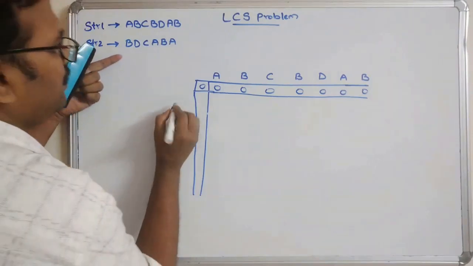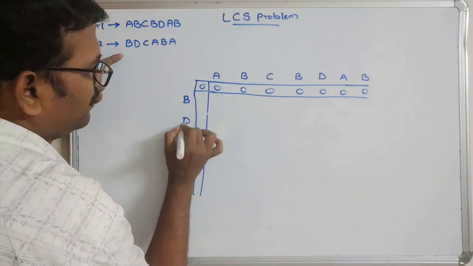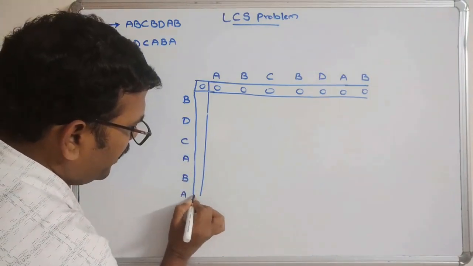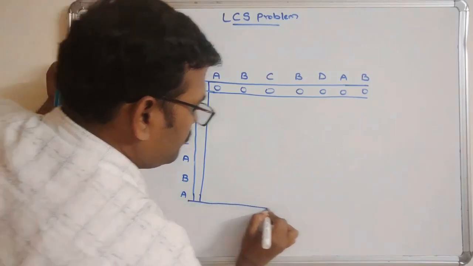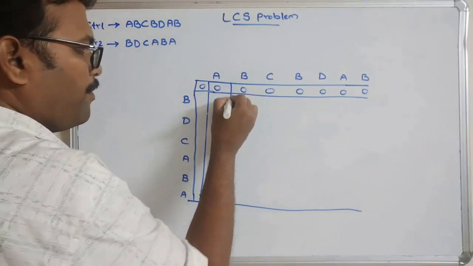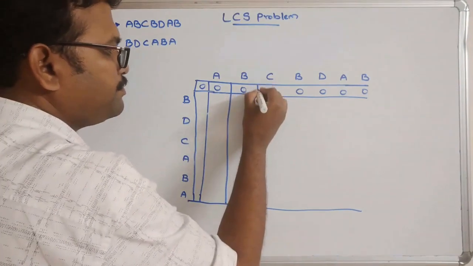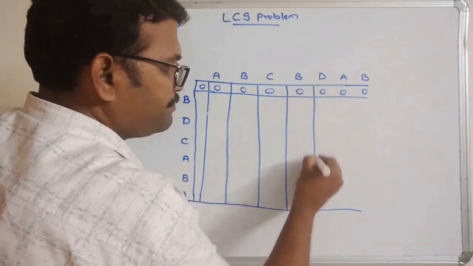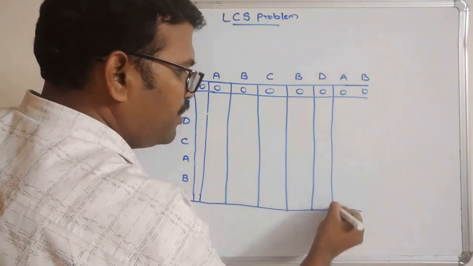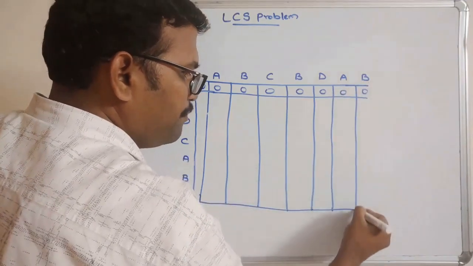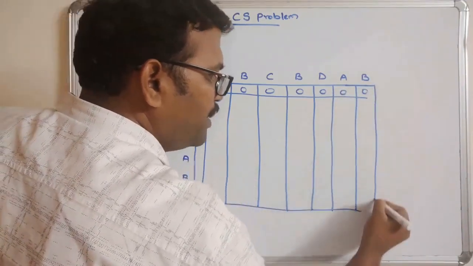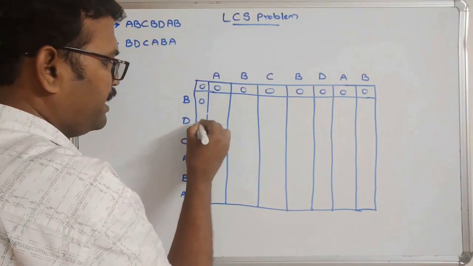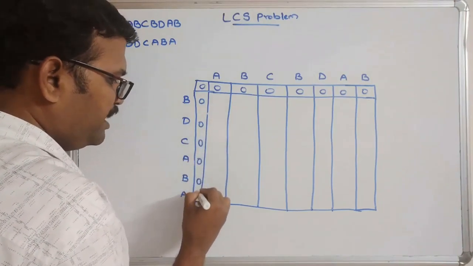In the vertical we can write B, D, C, A, B and A. We need to fill all these cells with the help of two formulas. Here also initially we are taking zeros.